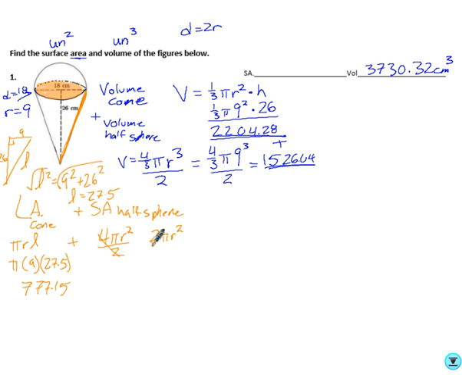We still know that the radius is 9, so we're doing this number plus 2 pi 9 squared. When I simplify that out, that comes out to be about 508.68. So when I add these two numbers together, that gives me a surface area of 1,285.83 centimeters squared.